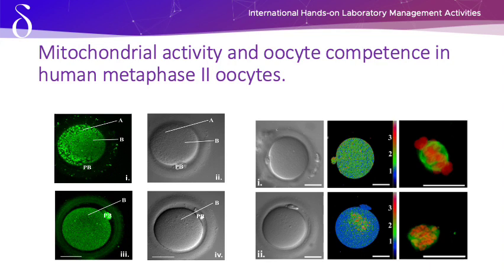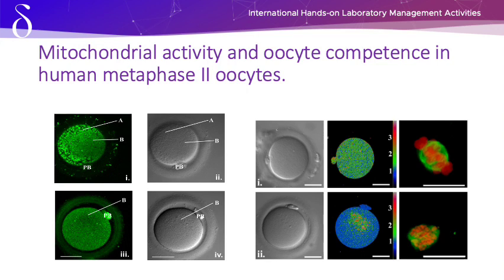So the 4 frames on the left show 2 M2 oocytes, which would look completely similar. If you look at them in fluorescence to look at the distribution of mitochondria in particular, you can see that the top oocyte has a topographical distribution. So there are these patches of mitochondria, and these asymmetrical oocytes are the best and have a high implantation potential.